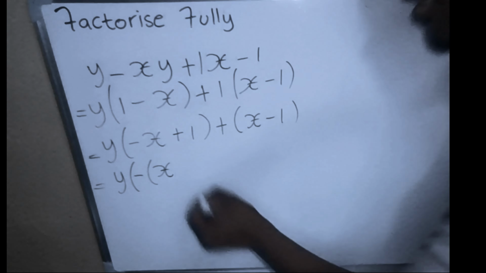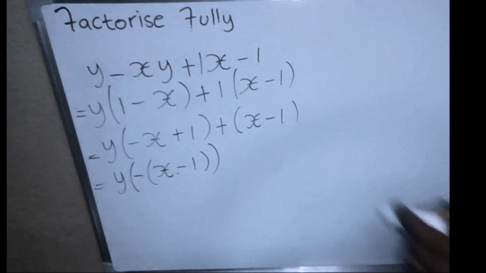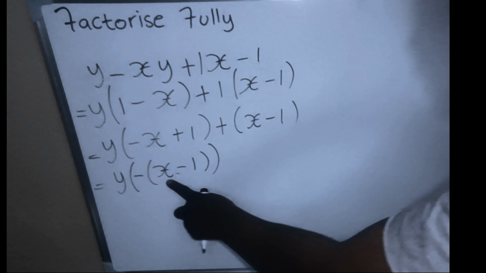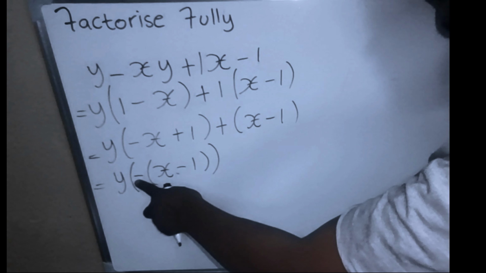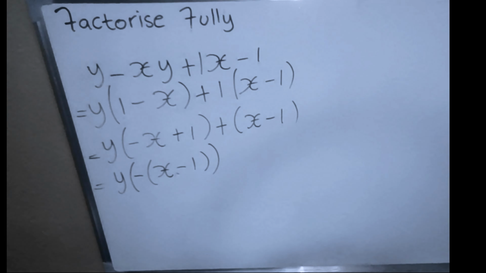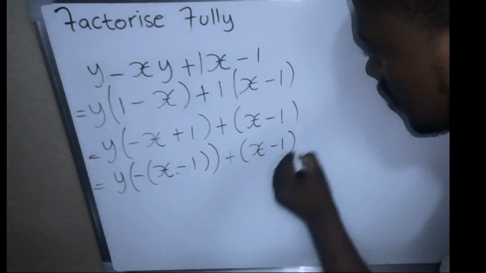Positive divided by negative is negative, minus 1. Then close the bracket again. I hope you saw how we find x minus 1. Negative divided by negative is positive, positive divided by negative is negative, plus x minus 1.